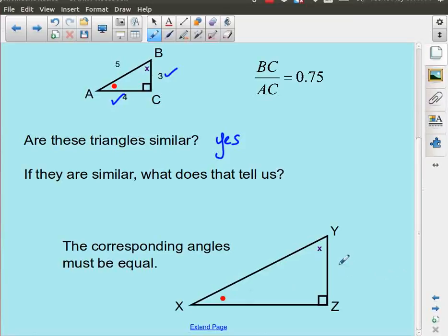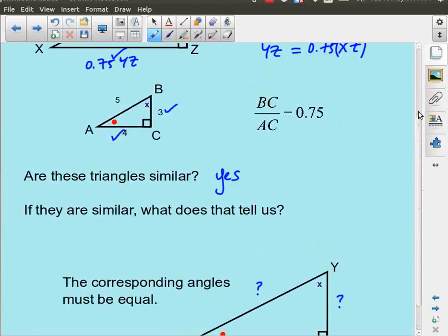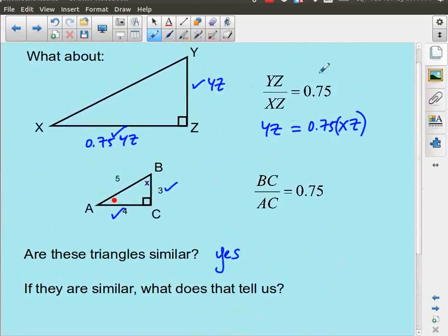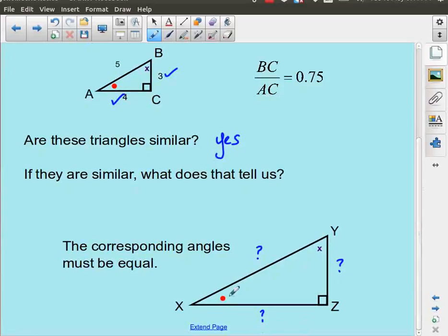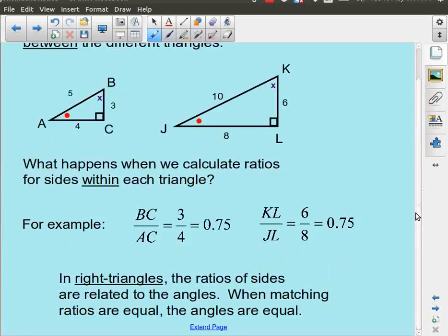So even though I don't actually know the size of any one of these sides, just by virtue of the fact that we had this right angle here and this ratio present in both of the triangles, we're actually able to say quite a bit about the angles here. So let's go a little bit further with that. Right now I'm giving a kind of loose demonstration and explanation of this.